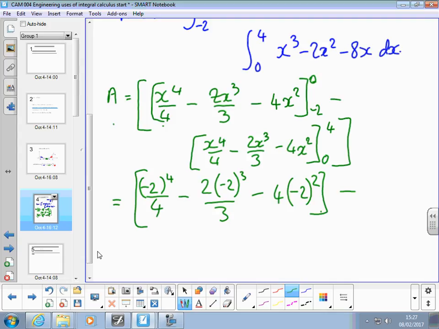We've already established, and hang on, that bit's none, but that's none minus that lot, isn't it? Do you agree? Because you do upper bound, take away lower bound.